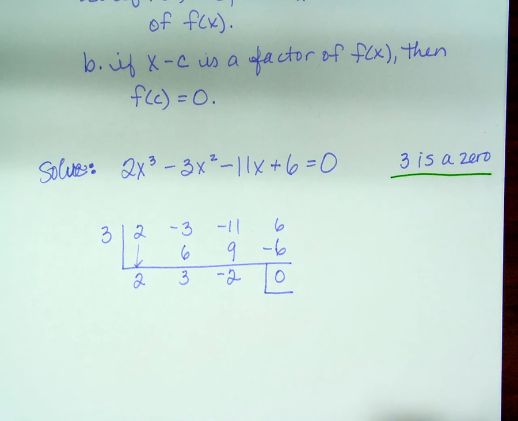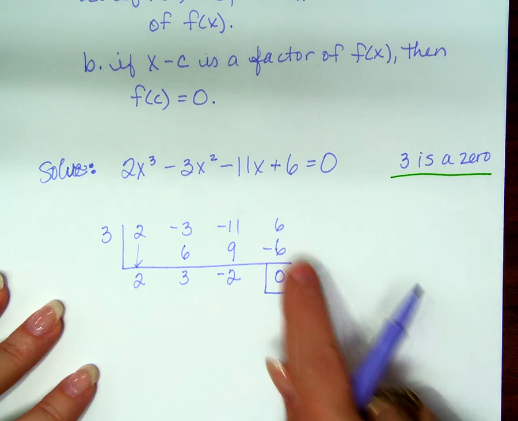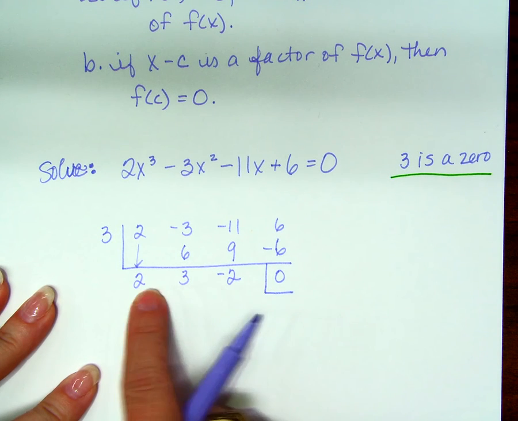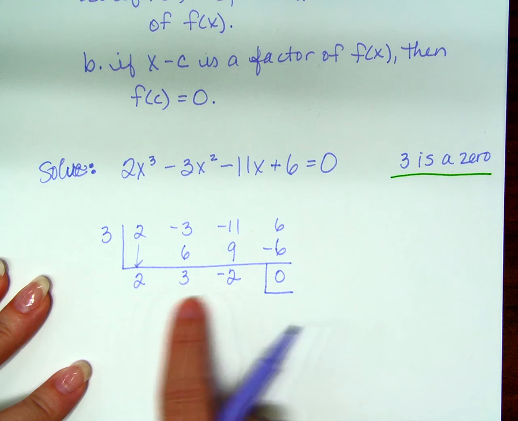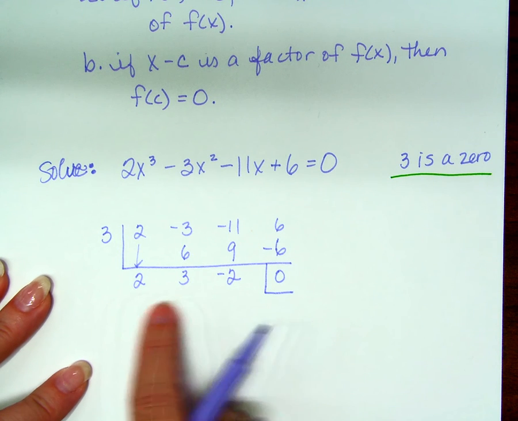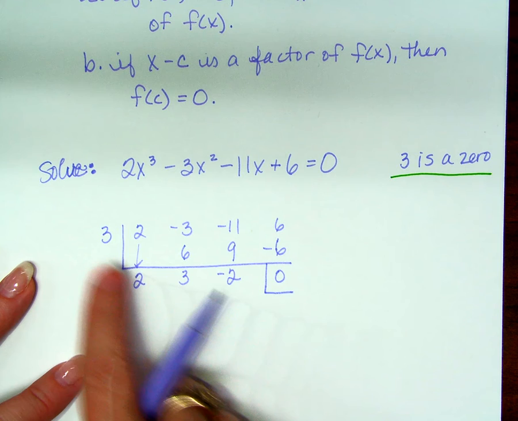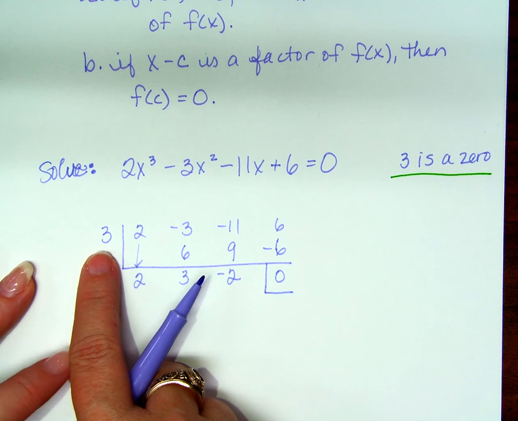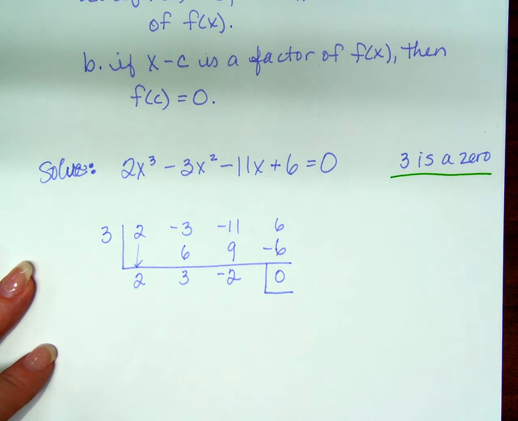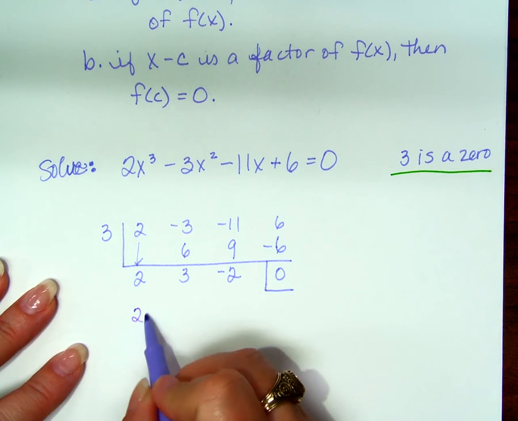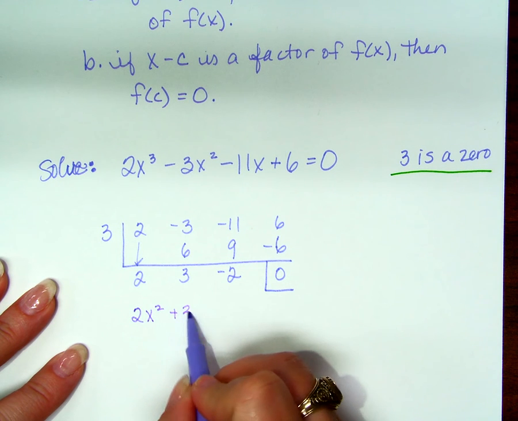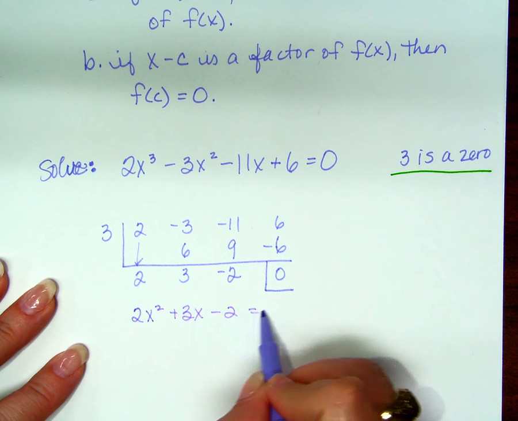Okay? So what it wants us to do from here is to solve the rest of this. We could factor it. We could do any number of things that we know how to do in order to find the other factors of this. But I know one factor already is x minus 3. Okay? So this is 2x squared plus 3x minus 2 equals 0.